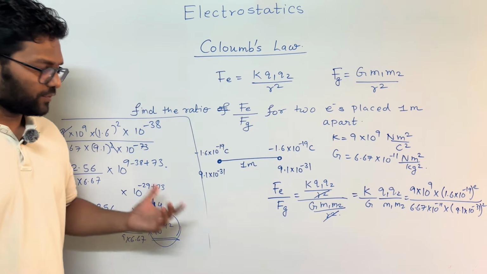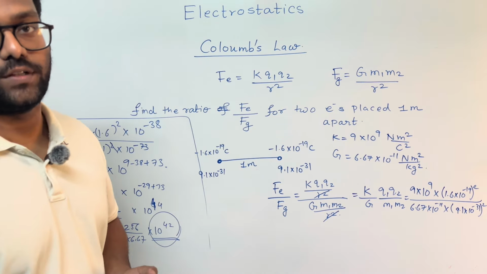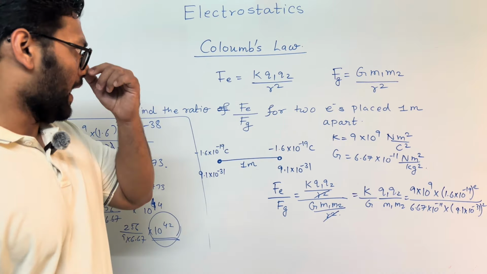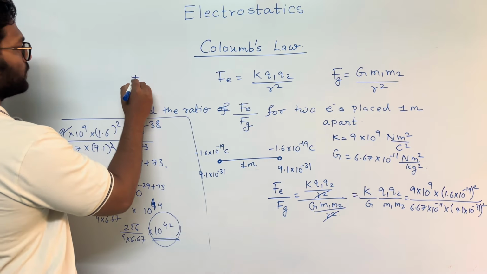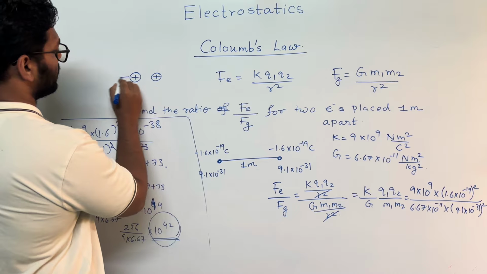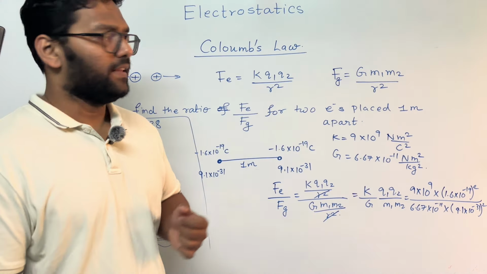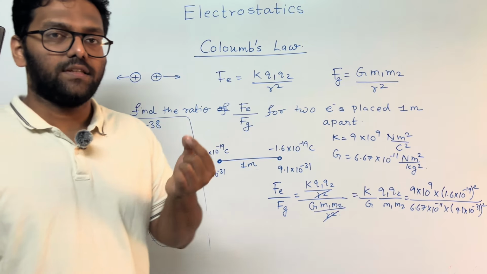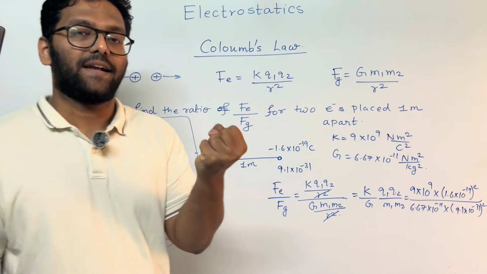Okay, now stronger than this force, there is one more force which is called strong nuclear force, right? According to Coulomb's law, positive charges will repel. But have you ever asked the question that if it is true, then how come in a tiny nucleus all the positive charges are packed together?